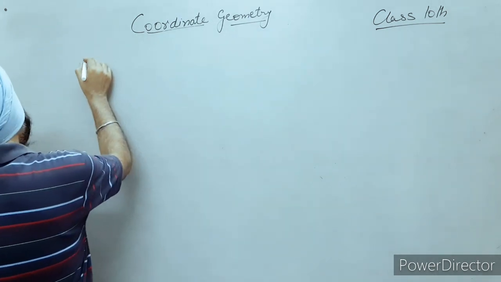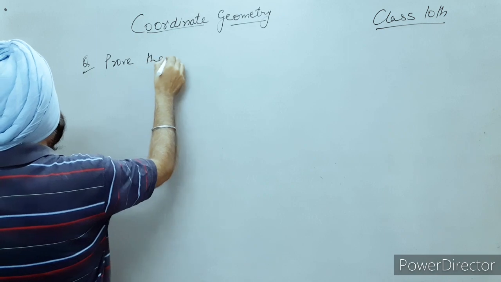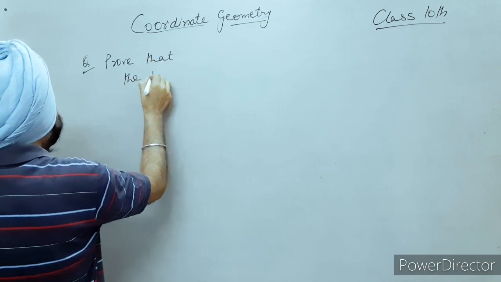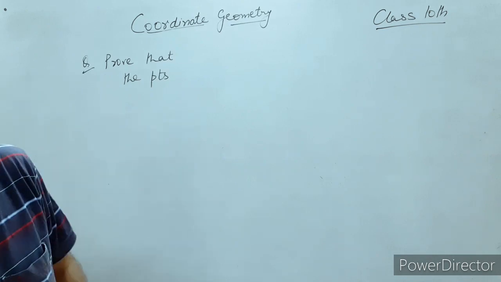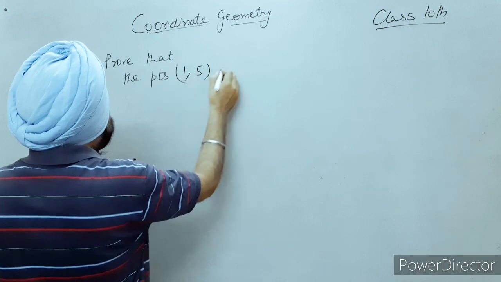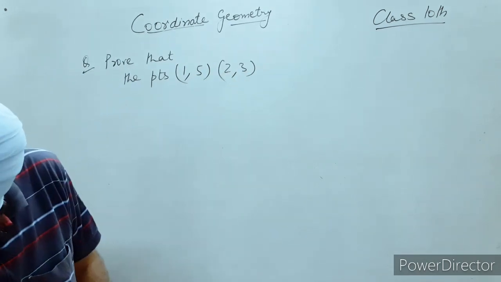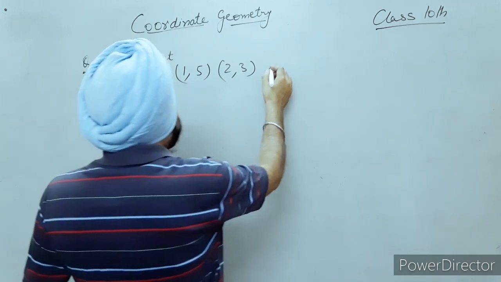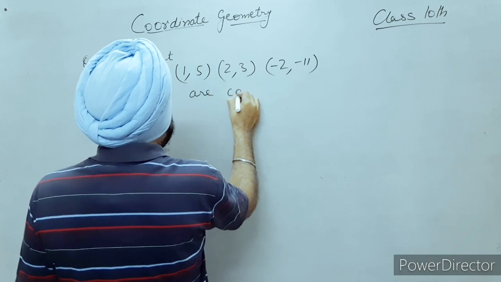Say question is, prove that the points 1, 5, then 2, 3 and minus 2, minus 11 are collinear.